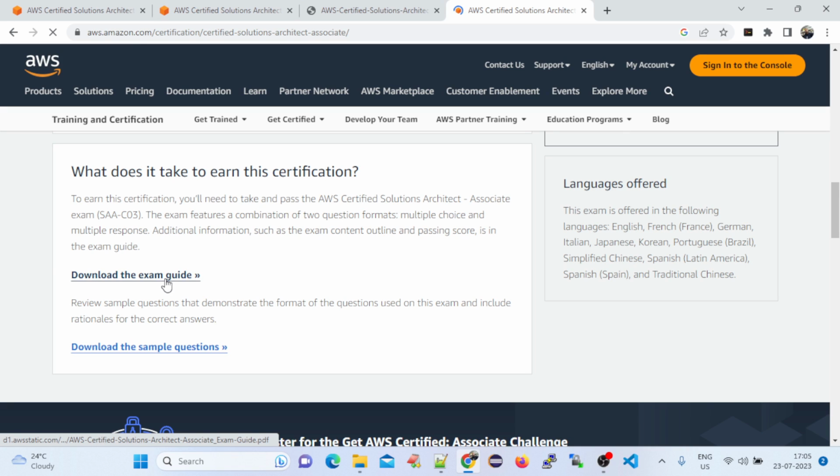There are 17 pages, which include everything in detail. There are four domains as part of this syllabus: Domain 1, design secure architectures, 30%; Domain 2, design resilient architectures, 26%; Domain 3, design high performing architectures, 24%; and Domain 4, design cost optimized architectures, 20%.